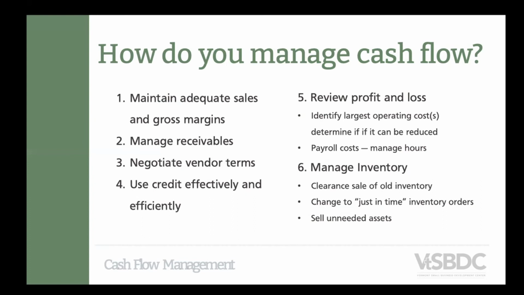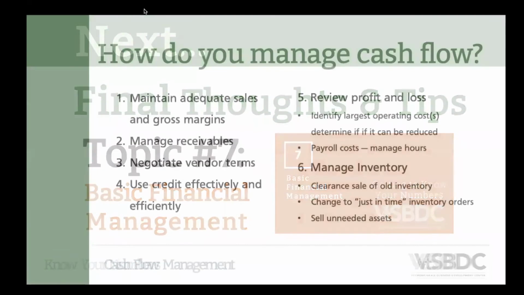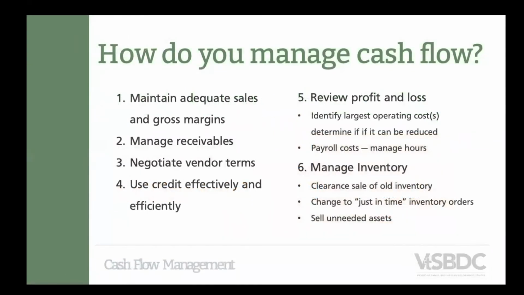If your customers start to creep out past 30 days without paying you, that needs to be dealt with very quickly and sometimes even a little bit aggressively. You need to inform your folks that you need them to pay their bills on time. So when an account goes 30 days past due, an immediate phone call is in order. Don't allow receivables to run out 60 days, 90 days or more. The earlier you tackle the problem, the better off you're going to be.